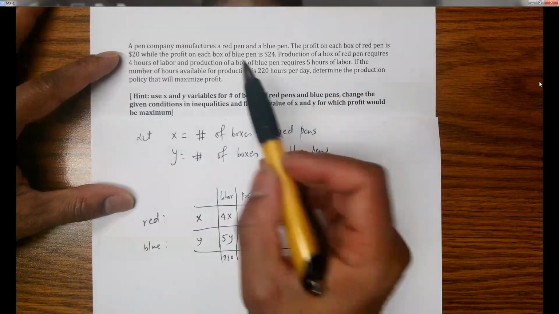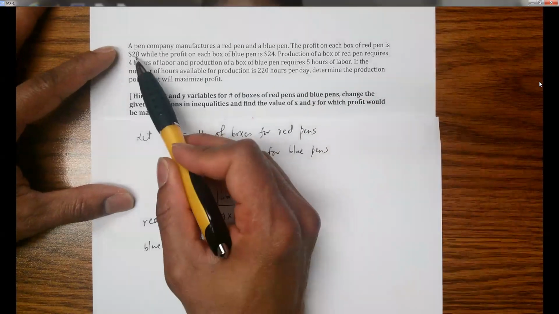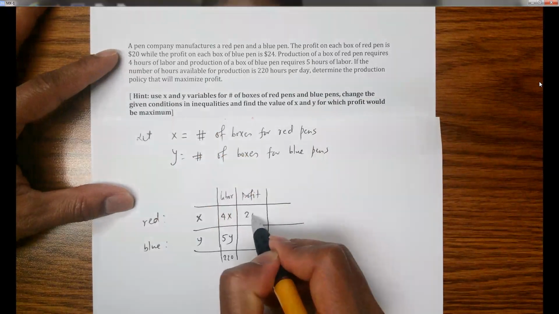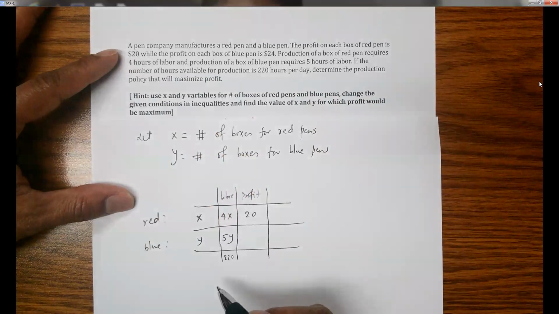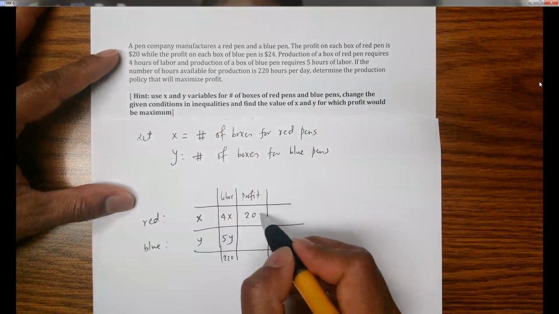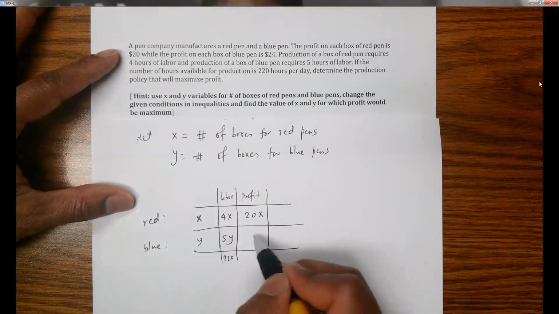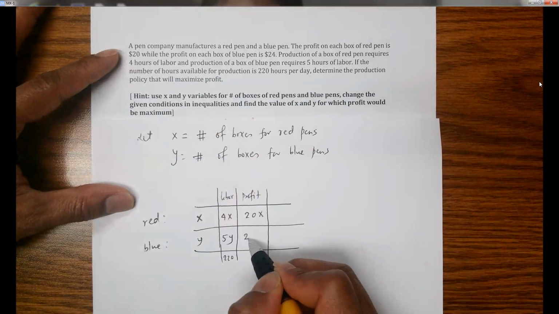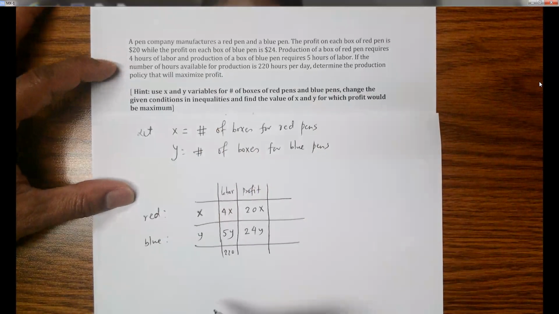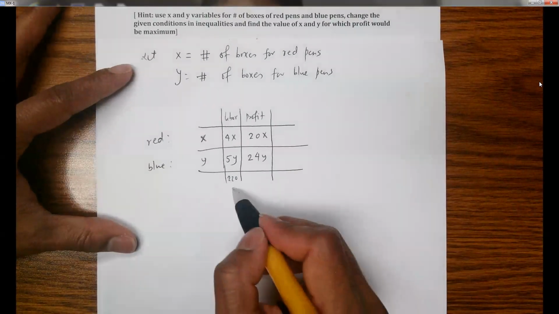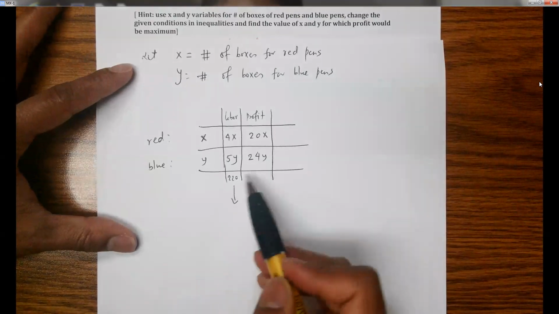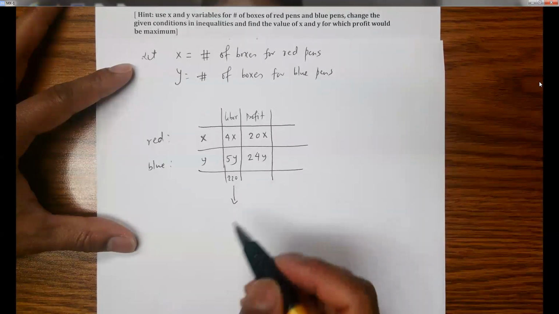And now if you read the problem, it says from the 1 box of red pen, we can make 20 bucks profit. So from X many boxes, we can make 20 times X. Similarly, for Y many boxes of blue pen, we can make 24Y. So from the first column, this is the restriction. So we get the one inequality.